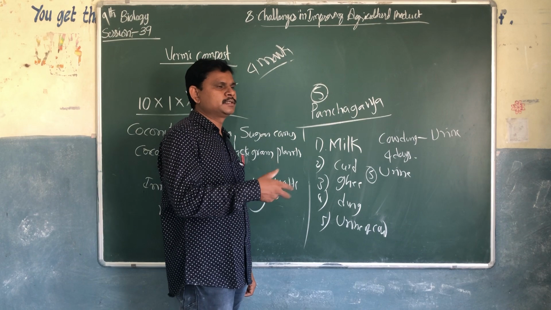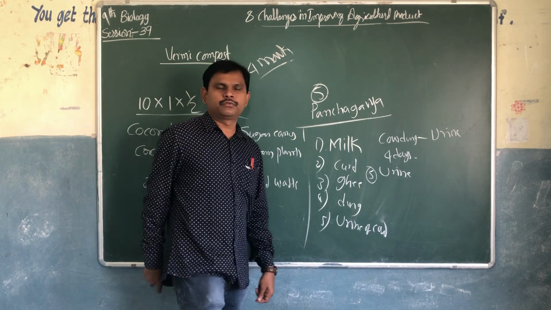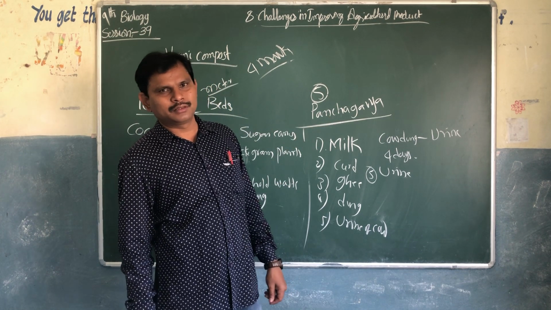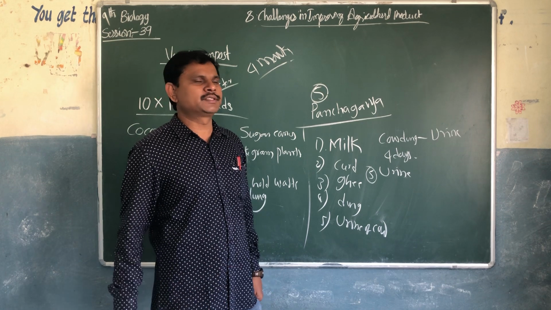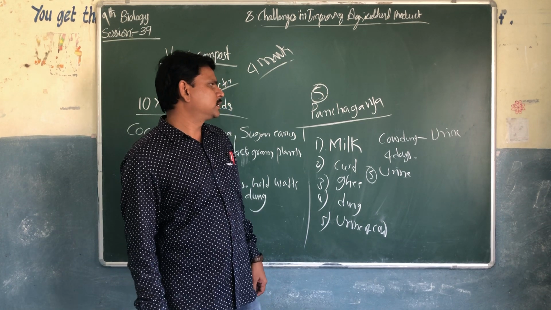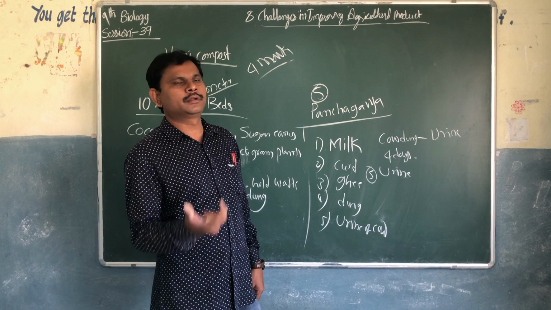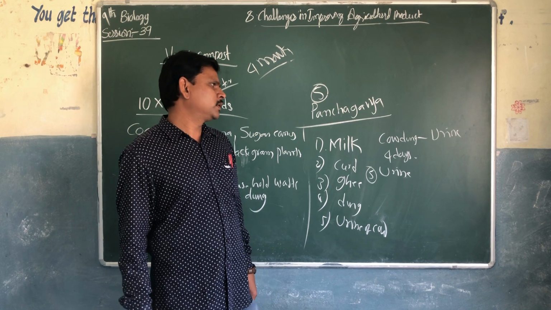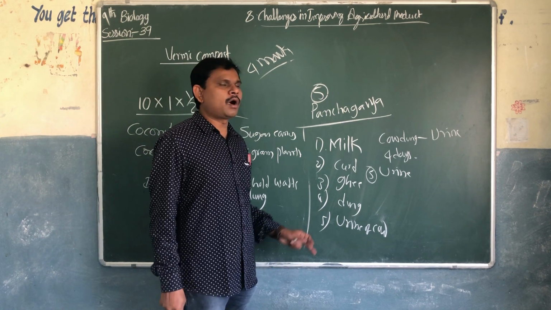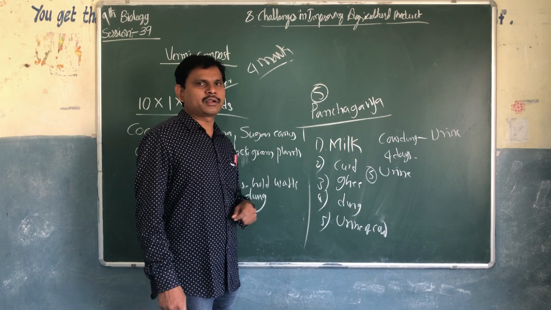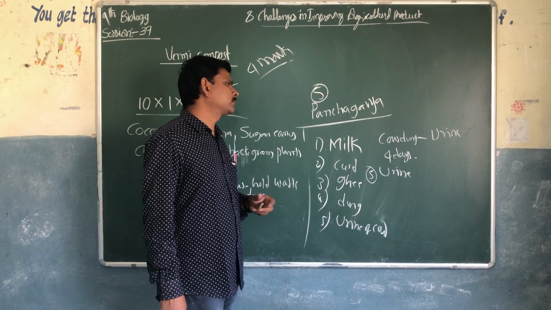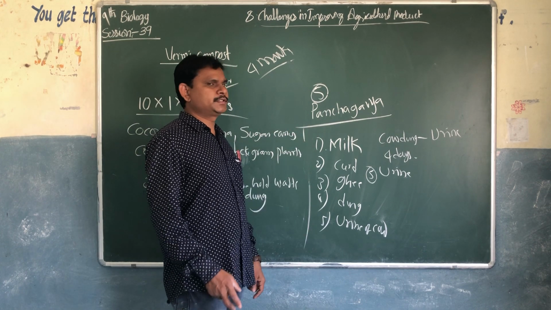This paste they spray on the crops, on the fields where the crops are growing. It's very, very good for the growth of crops. It's also used as fodder for fish and hens. So this is the preparation of Panchagavya.